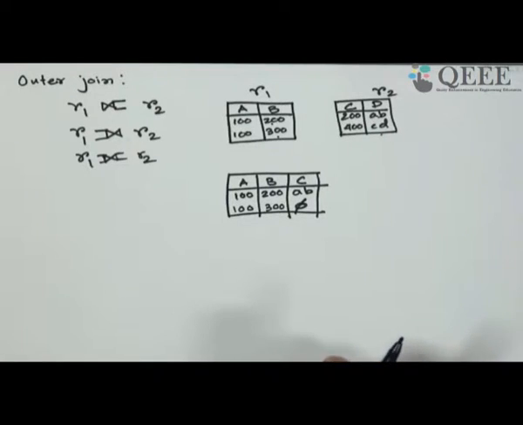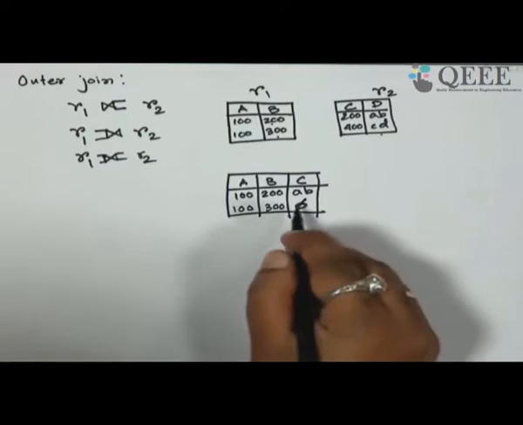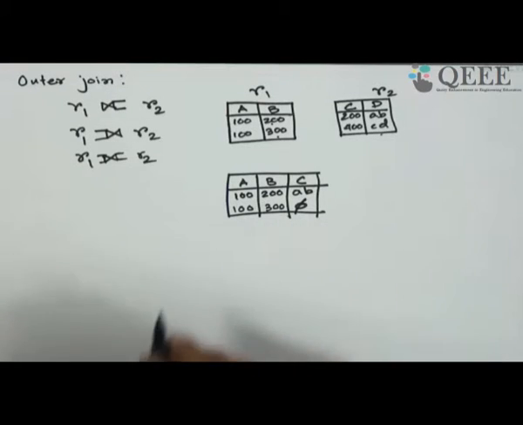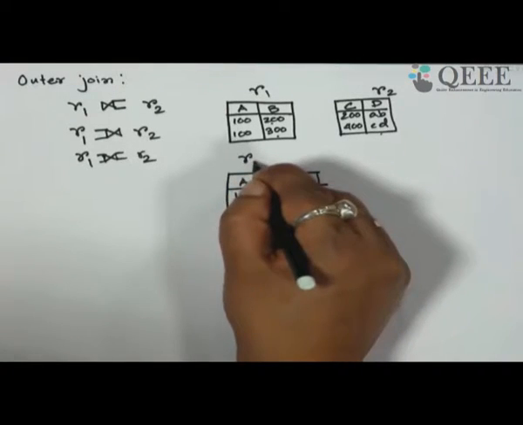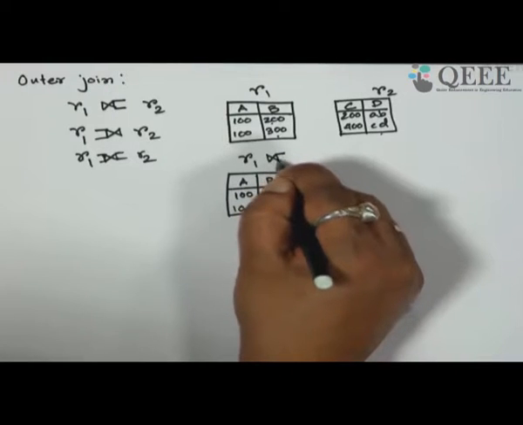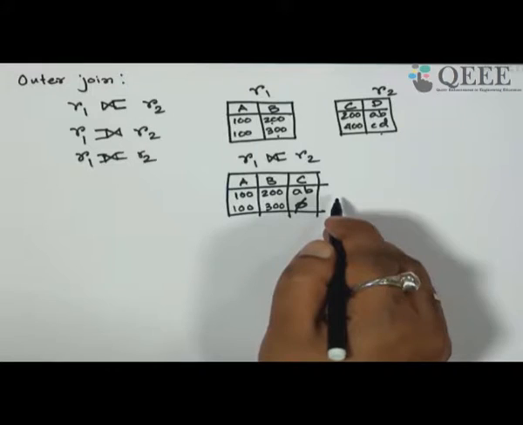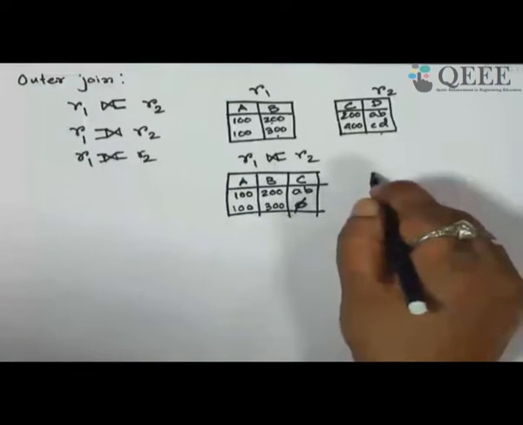It's called null. It's not a 0 but a null value, meaning no value is available. So basically it is kind of a missing value. I don't know what it is. This will be the right outer join.